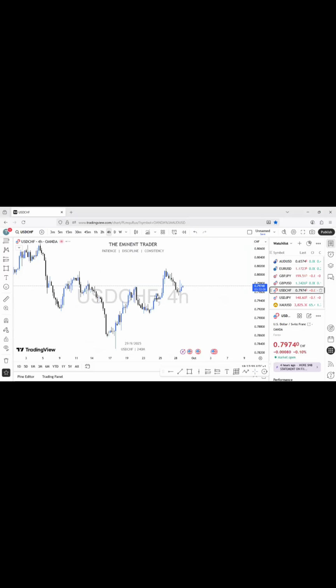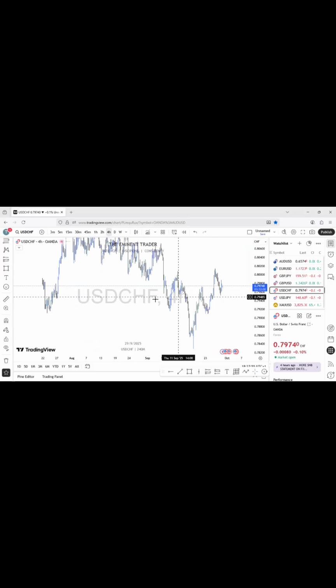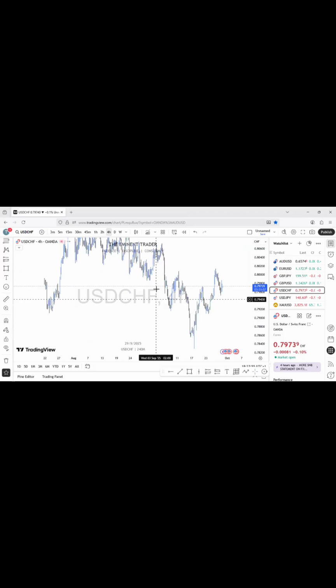So let's zoom out. Okay, so this is coming from a downtrend. You can clearly see that it's coming from a downtrend. That's a break. That's another break. And it created this low.